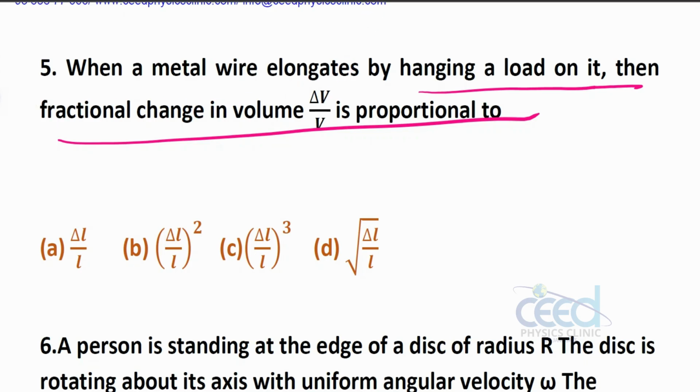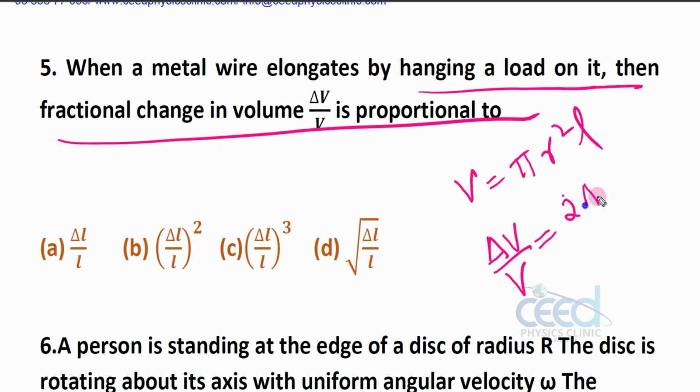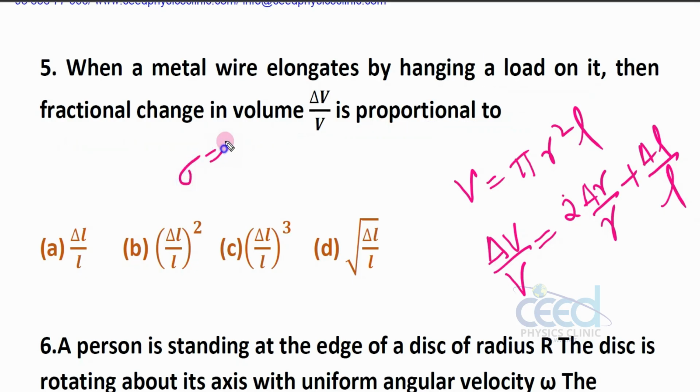A wire has a cylindrical shape, so V is equal to pi r square L. Then delta V by V you can write as 2 times delta R by R plus delta L by L. Now we already saw the Poisson ratio is lateral strain, so delta R by R divided by delta L by L.